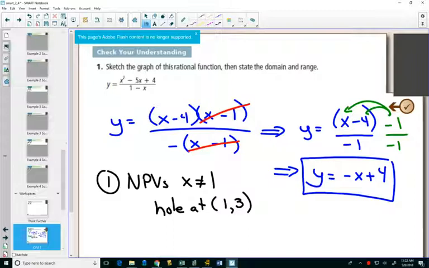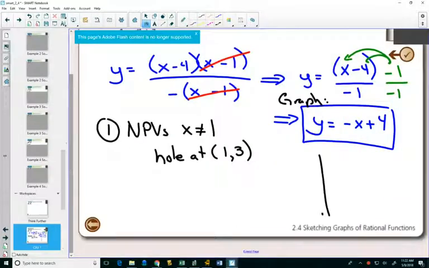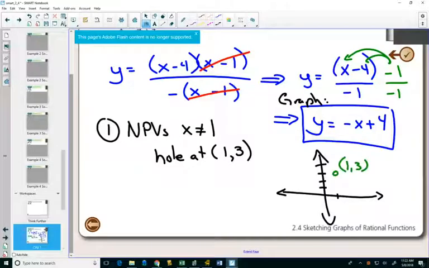Anytime you have a graph with a hole, you now graph your new equation that's in that blue box. And since that new equation is something you already know how to graph, it's a line. Okay? We're going to have a hole at 1 comma 3.